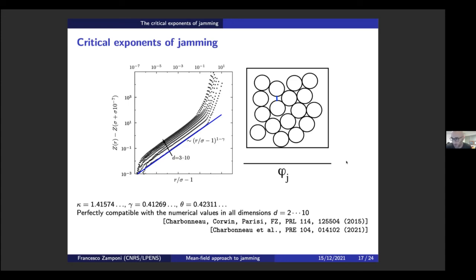For the moment we were not able to obtain it because you have to analyze these dynamical mean field equations that are complicated, and we are working on that. So if someone has ideas, we are very happy to talk because we are a bit stuck on that. Understanding, for example, how the viscosity would diverge at jamming, how the relaxation time diverges, all the dynamical criticality is still an open problem.